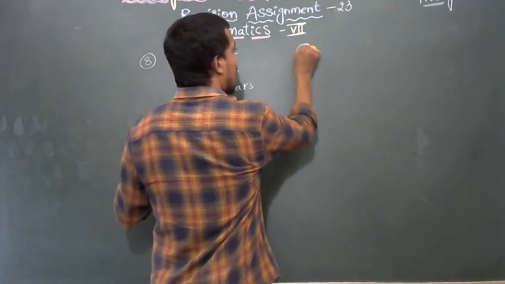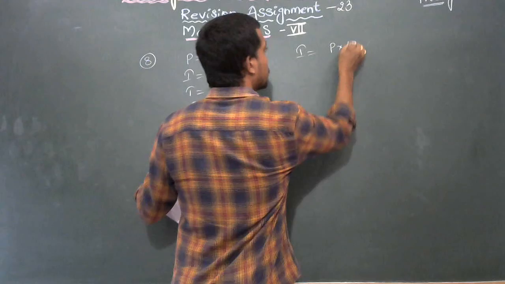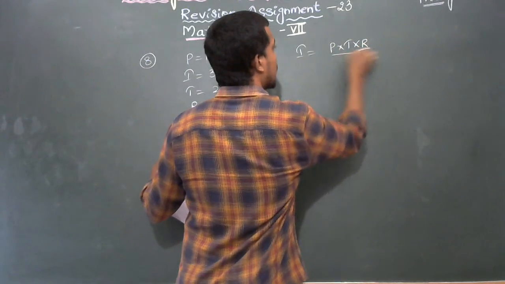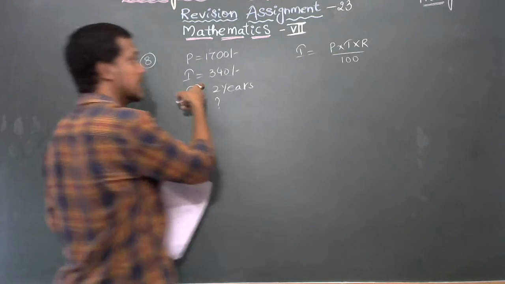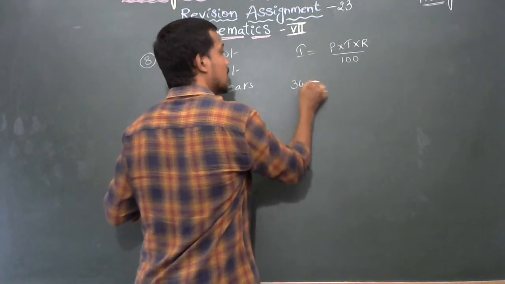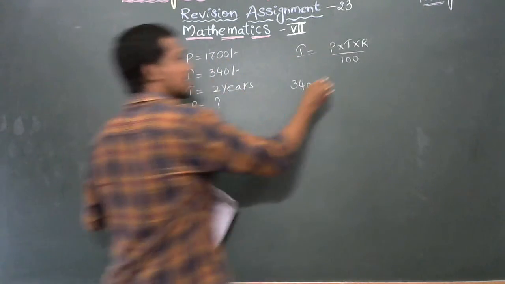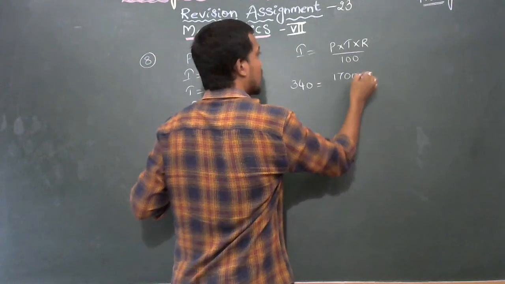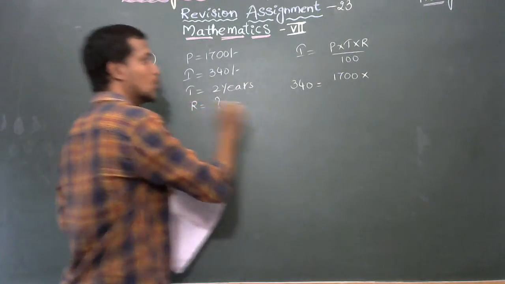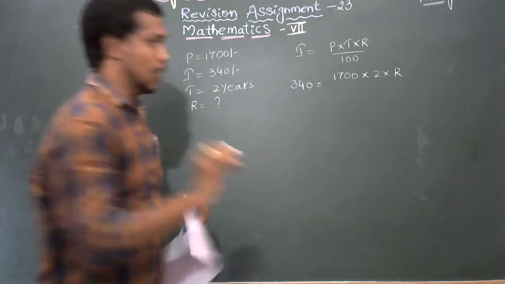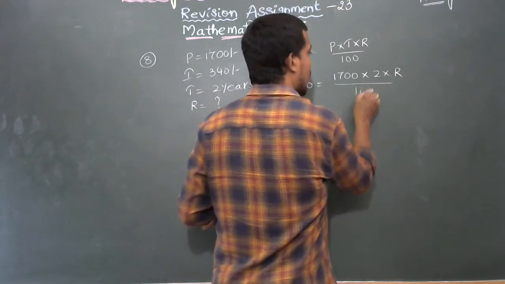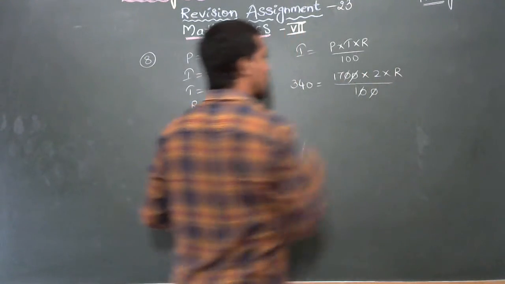Now the formula is I equals P into T into R by 100. We know the value of I, interest, simple interest, that is 340. We know the value of principal, 1,700, into T, we know 2 years. We don't know R, so keep it R only by 100. So 2 zeros cancel.